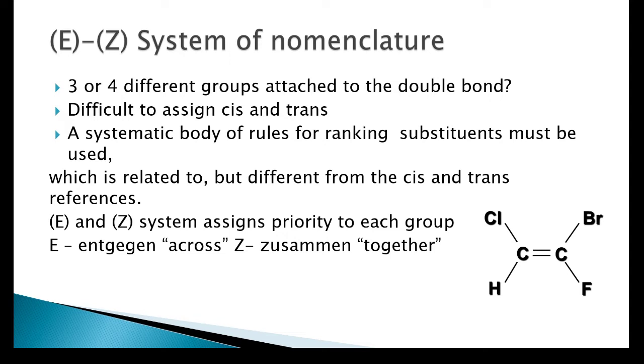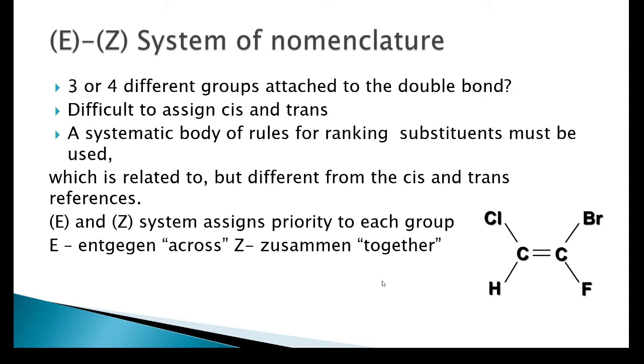So if we have a compound like this down here in the right-hand corner, and we want to figure out what notation we use, well, cis and trans is going to be tough to do. Okay, so we look at this, and well, is this cis? Is this trans? Do we have to call it like cis-chlorobromine, trans-chlorofluorine, or something like that? Well, no, we're going to use E and Z.